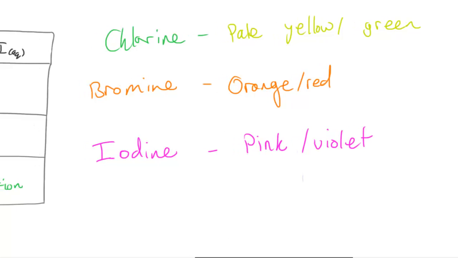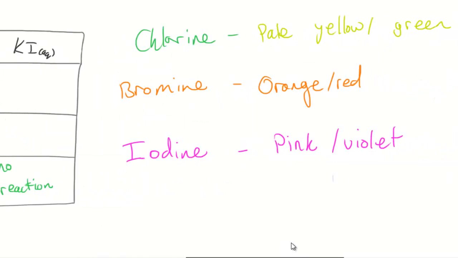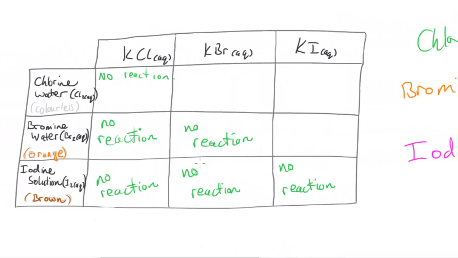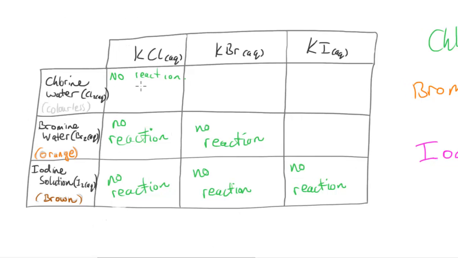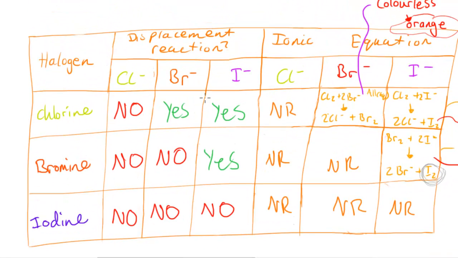These are the three colors which are formed when these specific halogens dissolve in an organic solvent. You might notice that I don't have fluorine here and I don't have astatine here, which are both elements which are part of the halogen series. The reason for this is that fluorine is so reactive, when you're trying to make these displacement reactions happen, that it would react with the H2O, basically with the water, even before it gets a chance to react with these halogens.